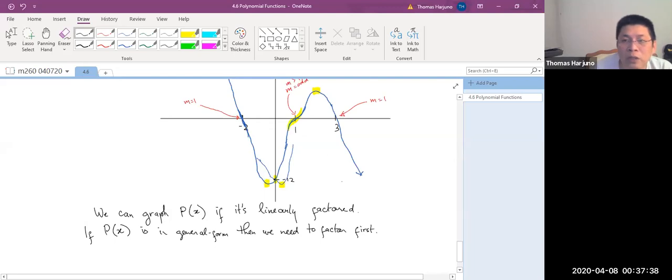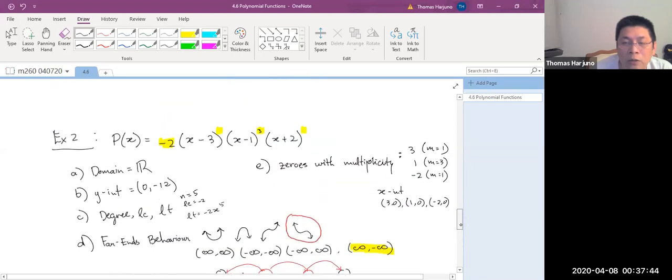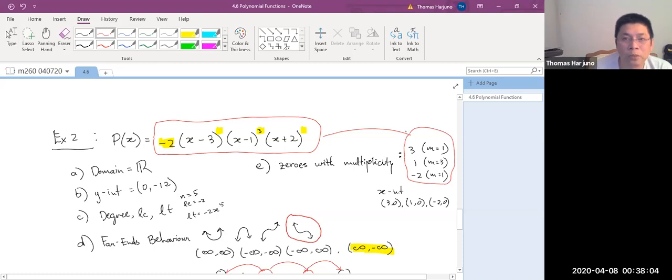Now notice that for us to do the factoring, let me go back a little bit here. For us to be able to get this form here, one thing we do is to find the zeros.